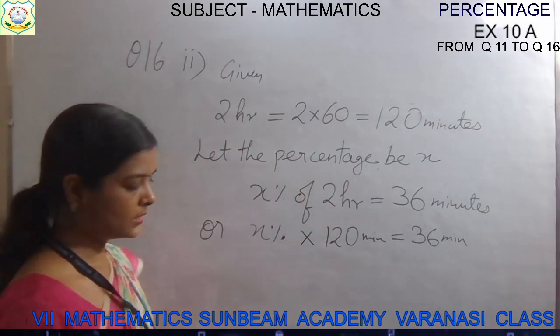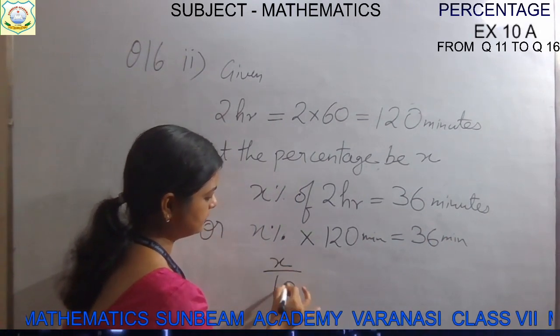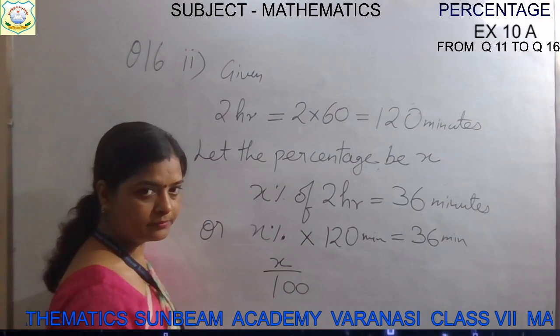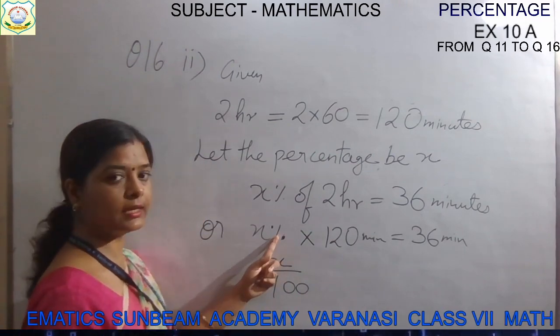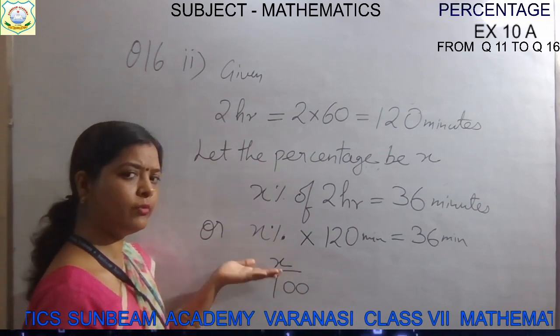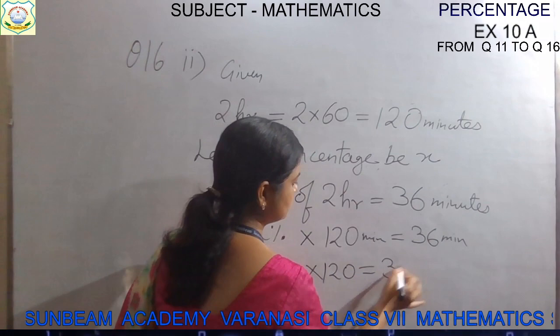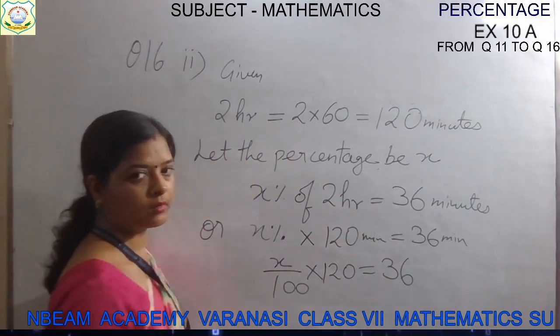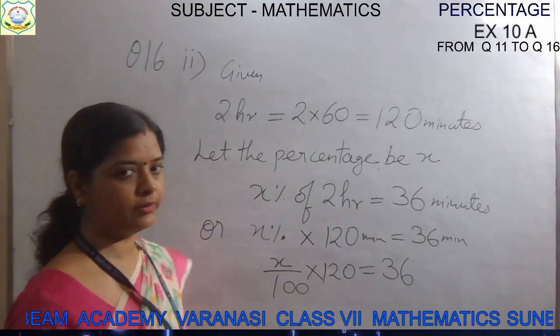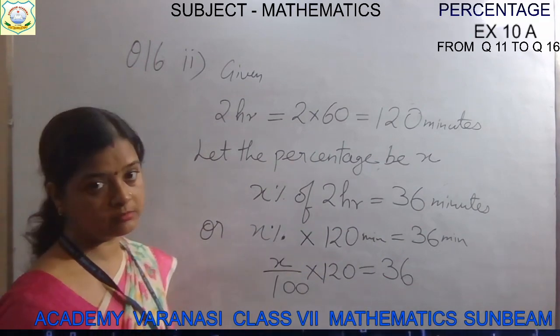Clear? X percentage can be written as x by 100, since it is out of 100, into 120 is equal to 36. Either you carry the percent sign or leave it, but in the answer it will cut down, children. Always percentage will come.